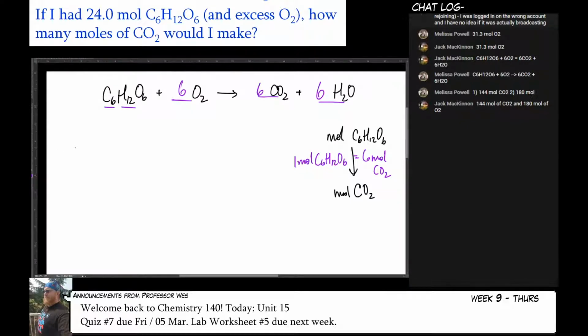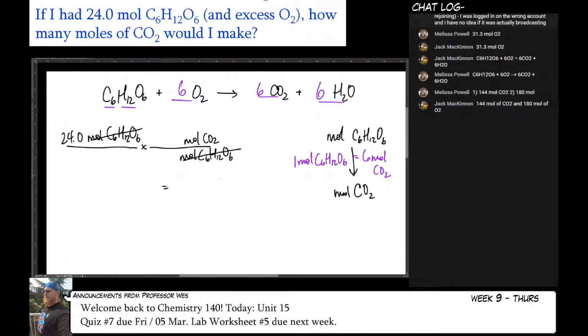And so we'll do the calculation. So if I have 24 moles of glucose, I can convert glucose to CO2, cancel them out like that.